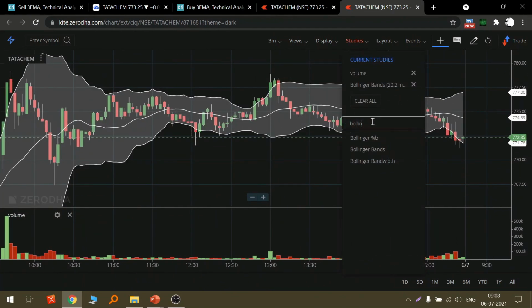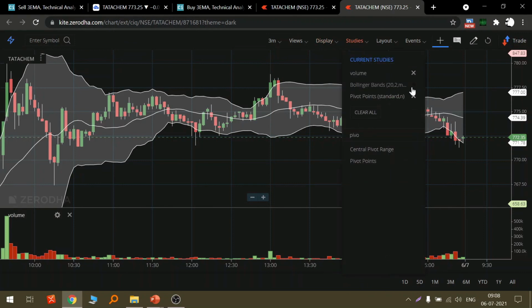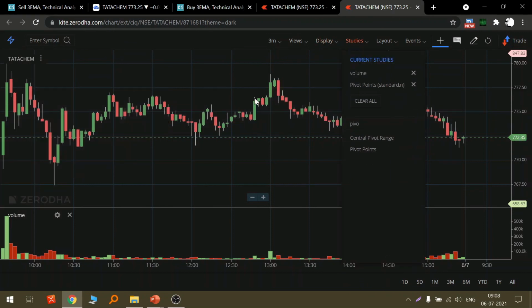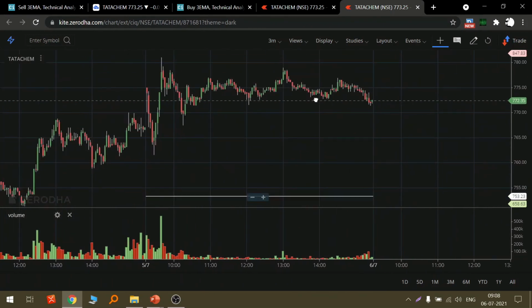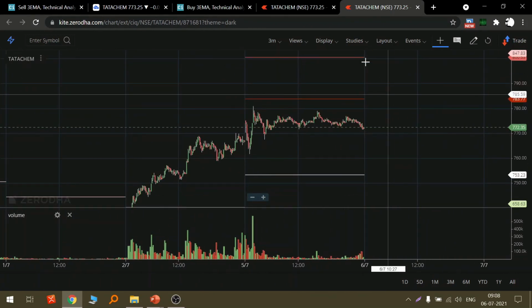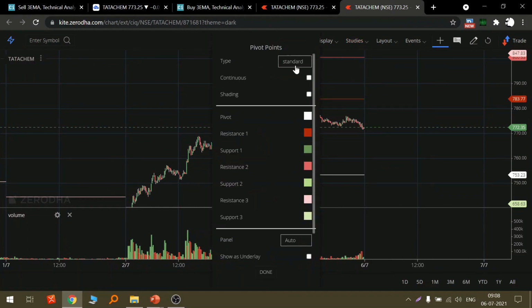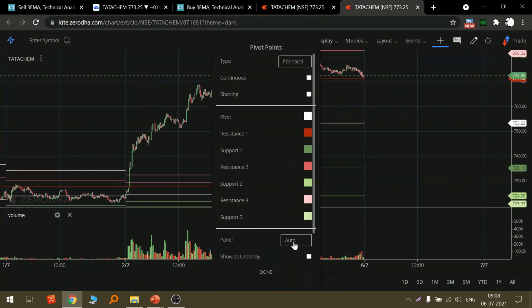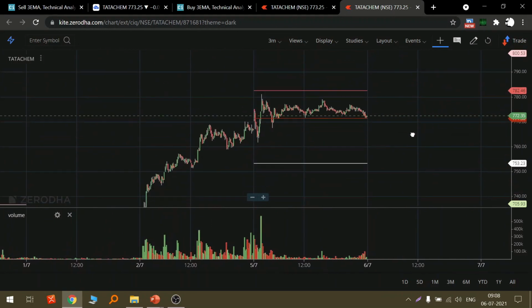Plot the pivot points here also. We have used Fibonacci pivot point.